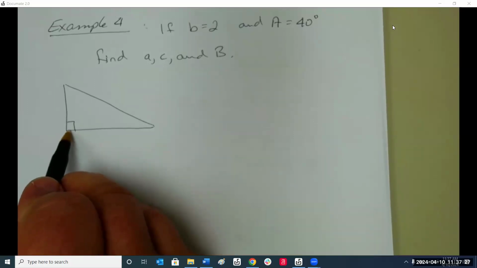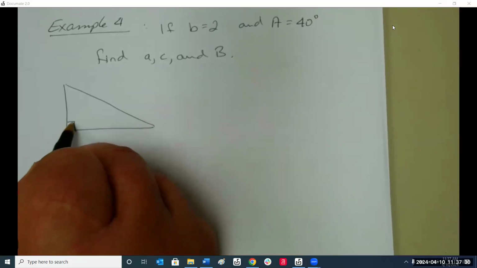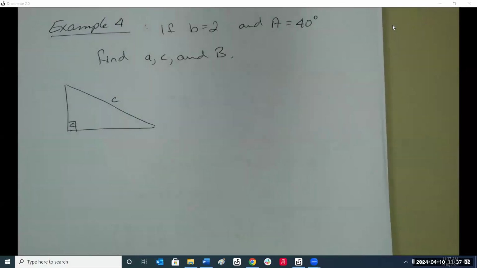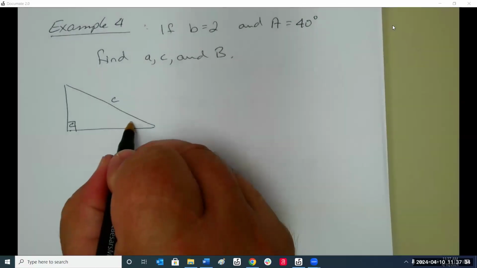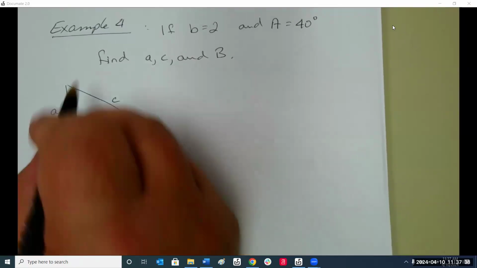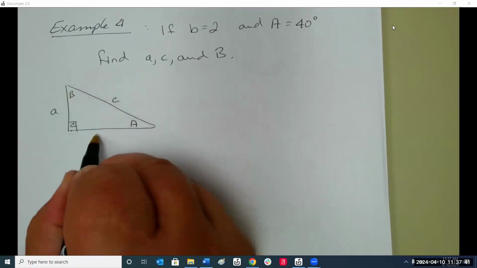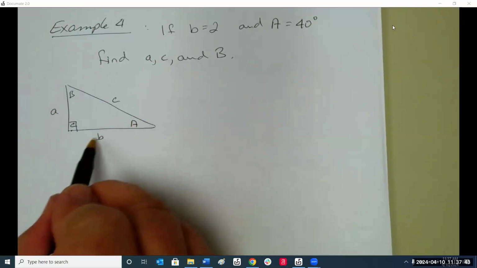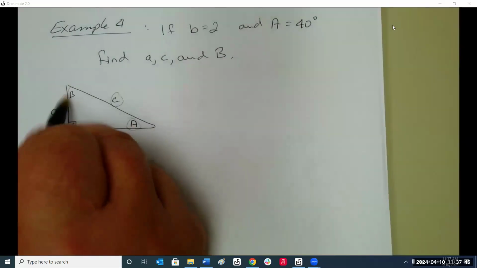We know this angle, right? This one's got to be 90. So that matches with the hypotenuse. This is unknown. This could be an unknown. And the lengths of the sides. So we could have 5 unknowns.